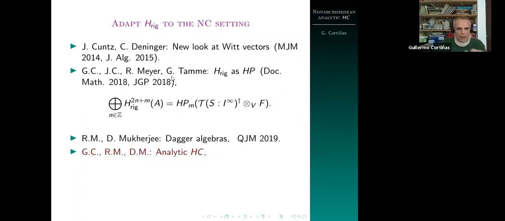And so, with Ralf and Dev, we wrote a paper on what we call analytic cyclic homology for torsion-free bornologically complete algebras.